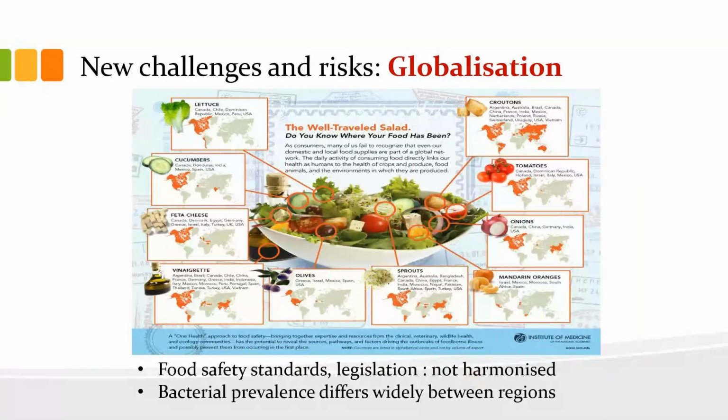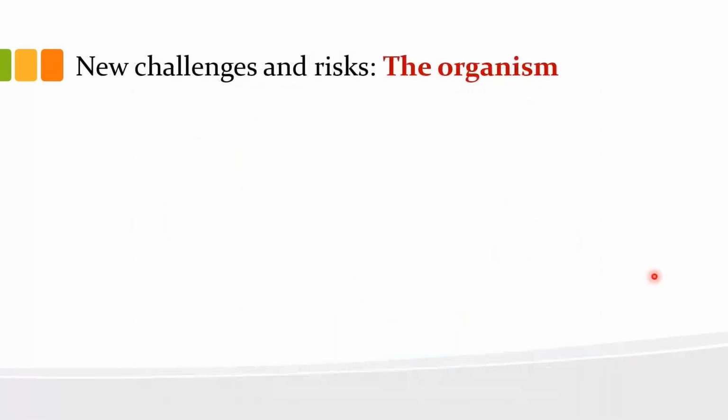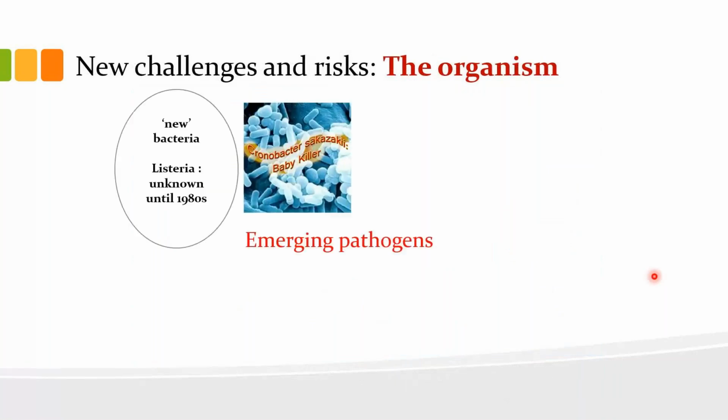Bacterial prevalence differs widely between regions, so we can find different bacteria from country to country. This makes more hazards and more risk. Emerging pathogens are constantly moving and developing strategies against our antibiotics, our disinfectants, our additives, even the organic ones, like new bacteria such as listeria, which was unknown until the 90s.